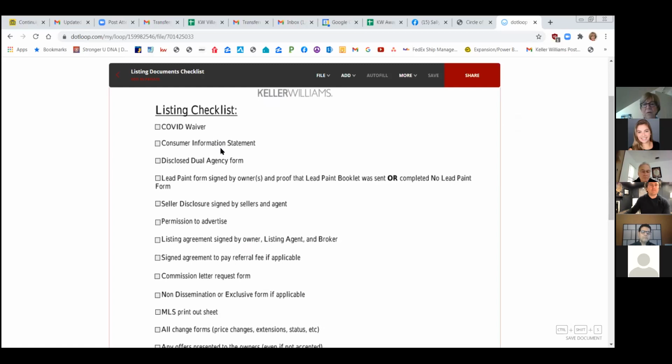Do I have the consumer information statement, dual agency, lead paint form signed, if it applies, and did I give them the lead paint booklet? Did I have them do the seller disclosure? Do we have permission to advertise? Is the listing agreement signed by the owner, you, and eventually by me? If there's a referral involved, you want to have the referral in here.